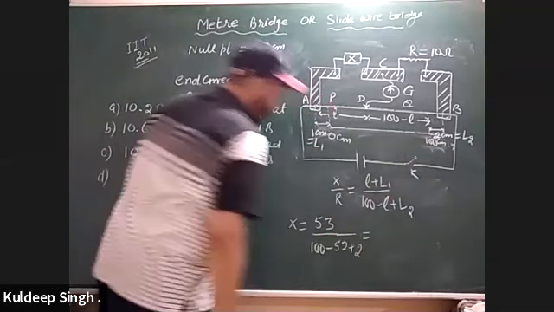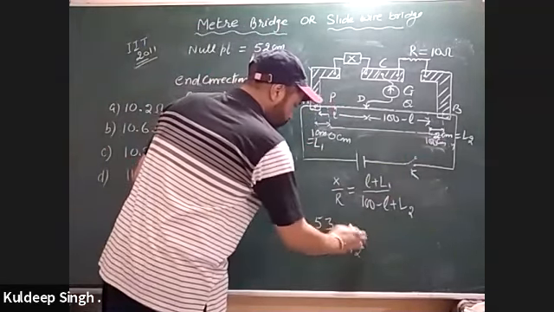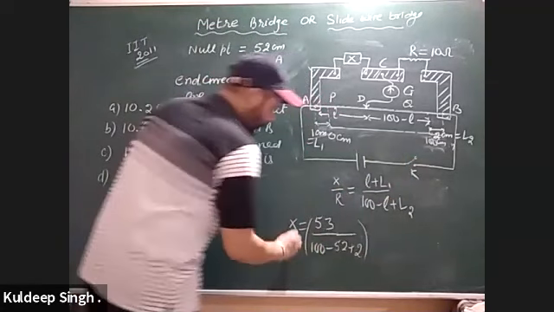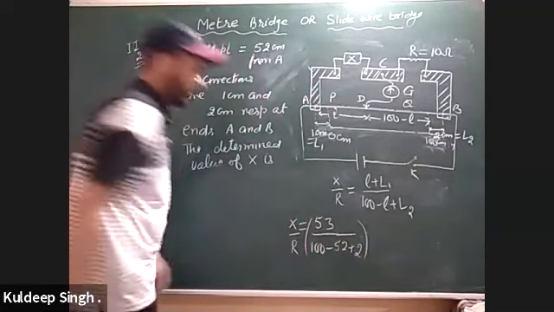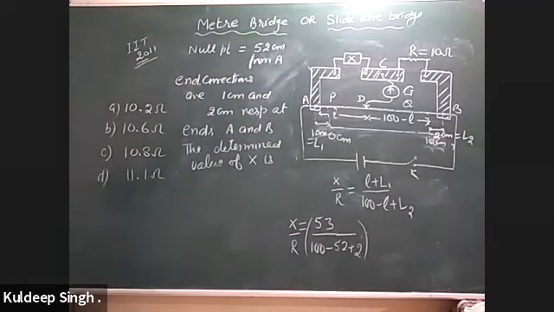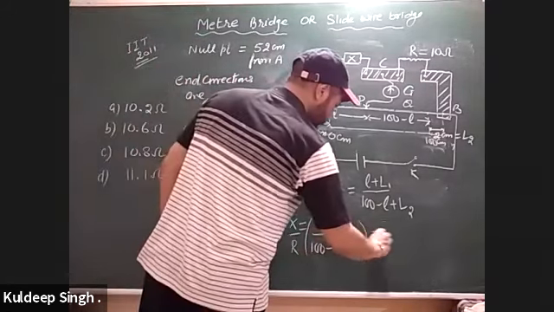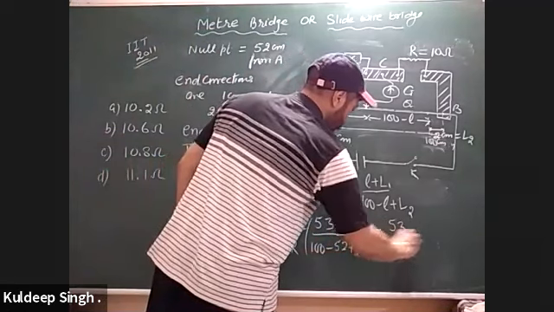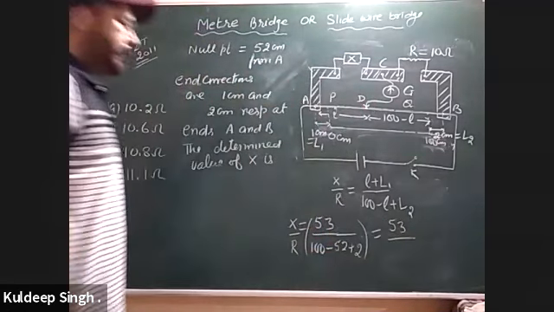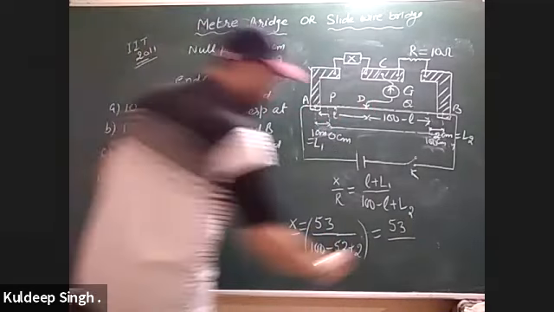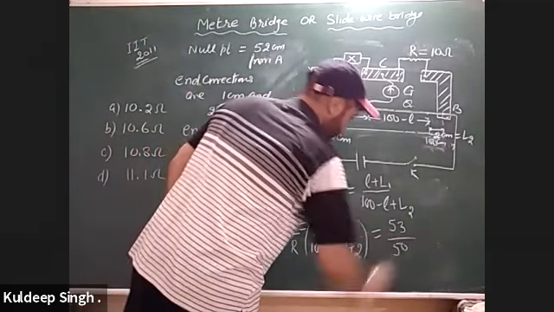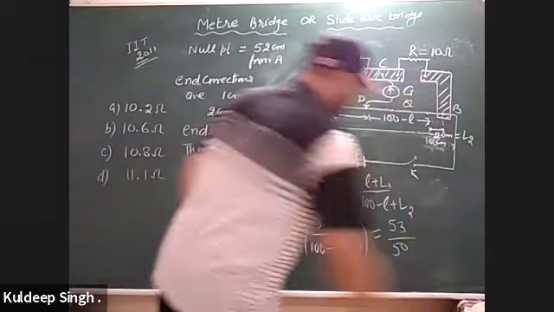And multiply by R, let us say in the next line we will multiply. So now you can solve: 53 divided by 50.